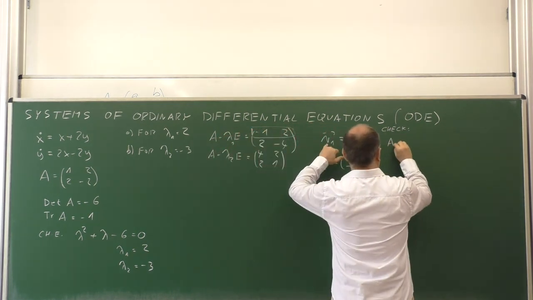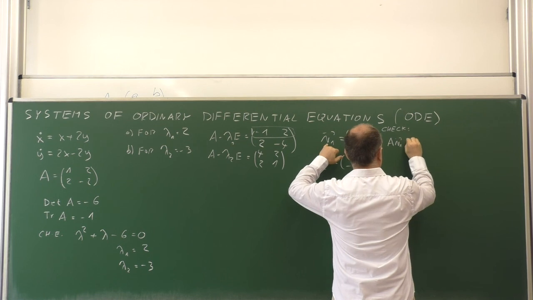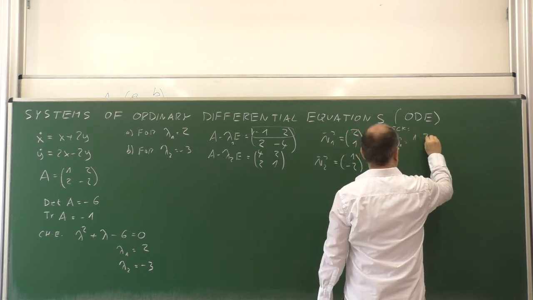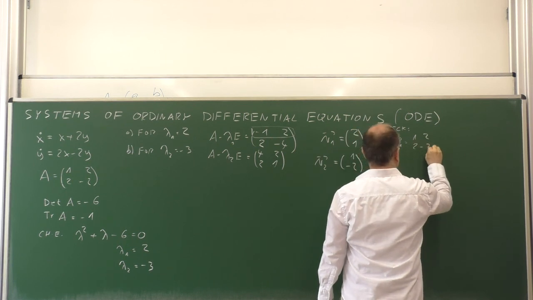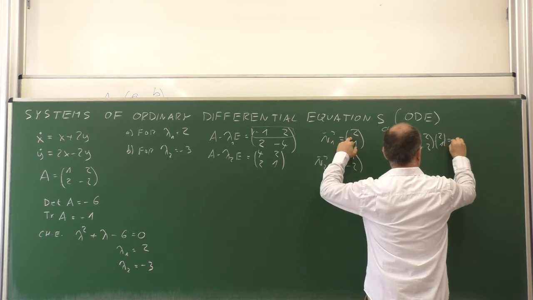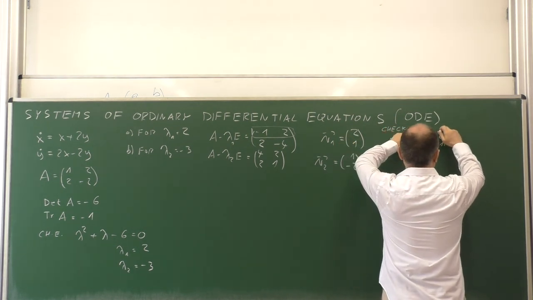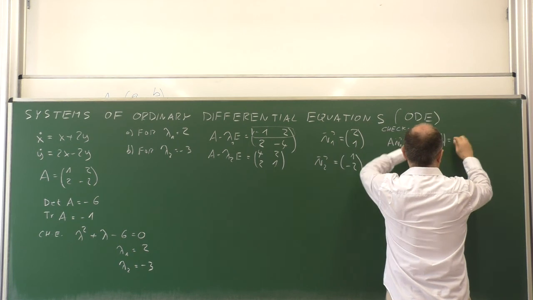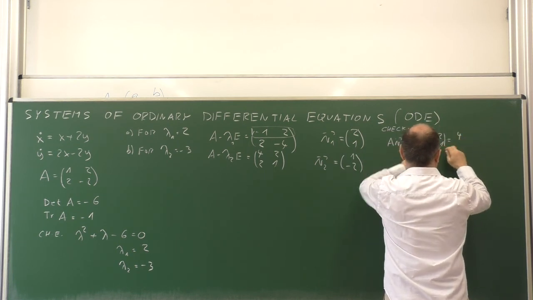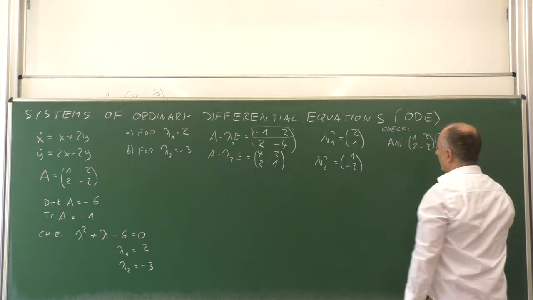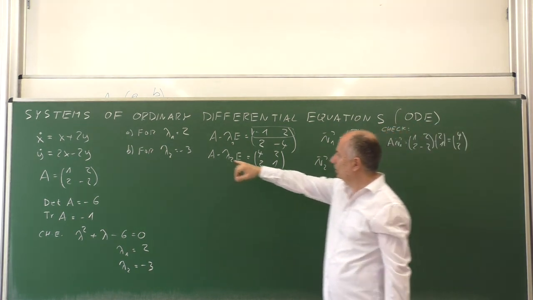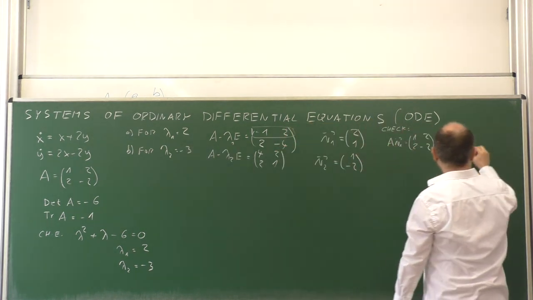If we compute A times V1, which is 1, 2, 2, minus 2 times 2, 1, then we have 2 plus 2 is 4, 4 minus 2 is 2, which is indeed 2 times the eigenvector itself.